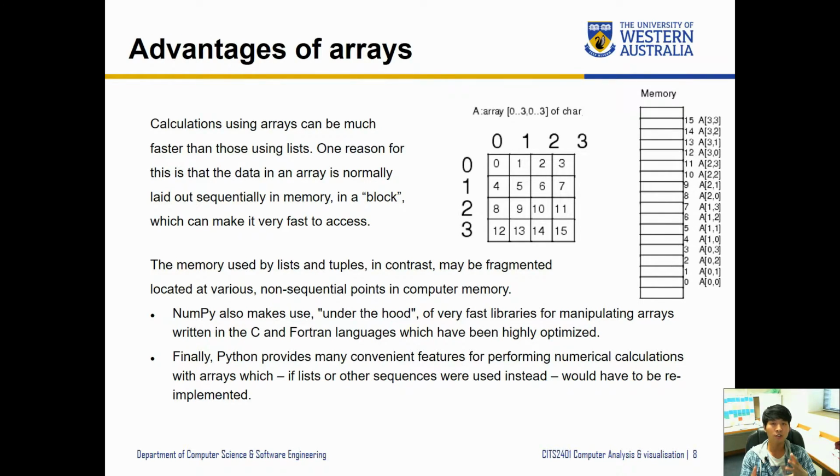So the majority of calculations are done in C. That's why NumPy can bring you much faster calculations. And finally, NumPy provides many convenient features for performing numerical calculations with arrays, which we'll cover shortly, so that you don't have to re-implement some of those features.